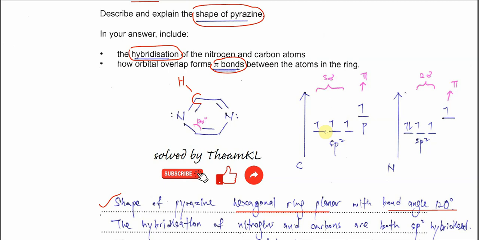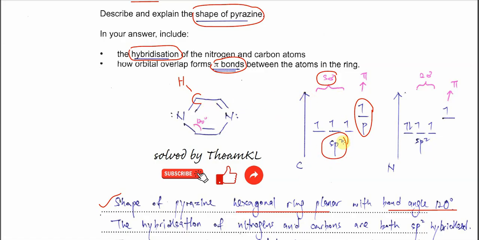Carbon has 4 unpaired electrons. The 3 unpaired electrons will be in the sp2 hybrid orbitals, which are used to form the 3 sigma bonds I mentioned just now. Another unpaired electron will be in the p orbital, which is used to form the pi bond. So this is the hybridization of carbon, sp2.